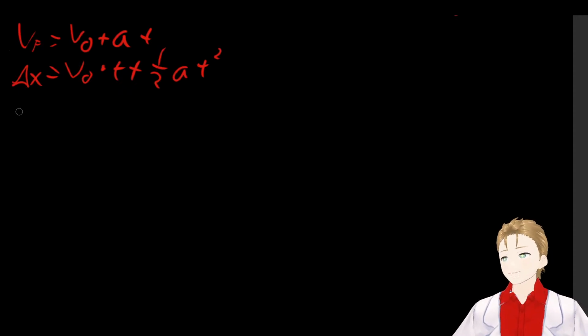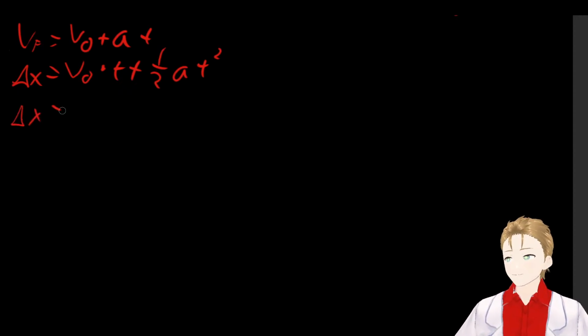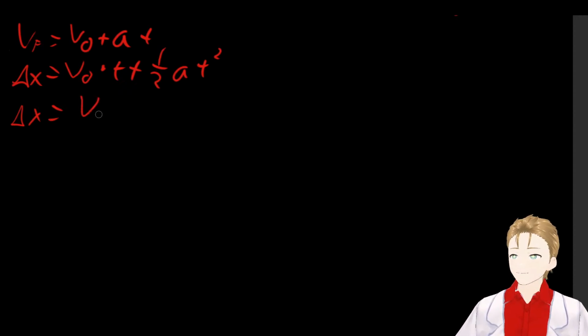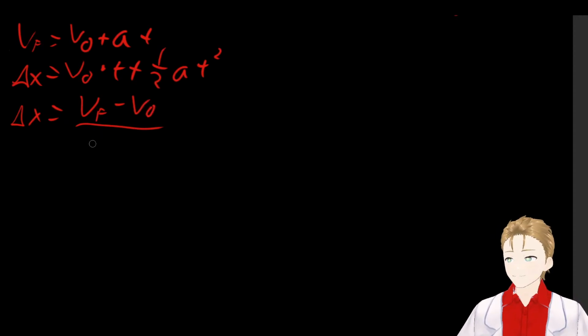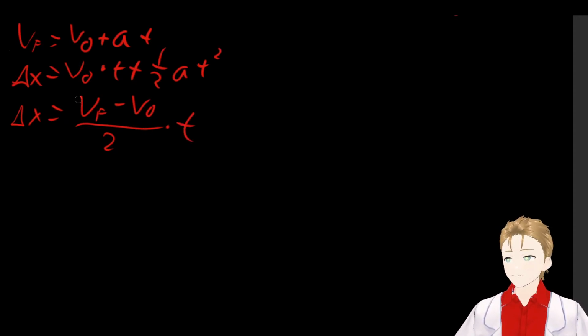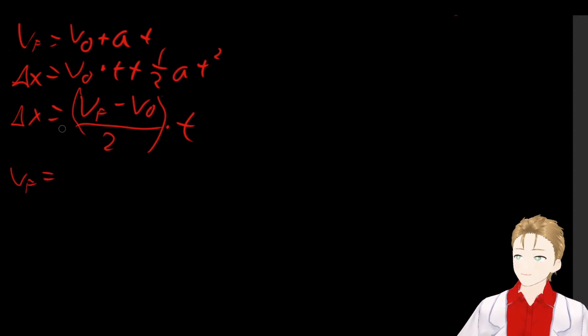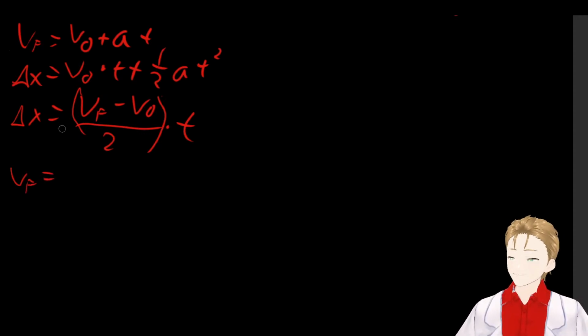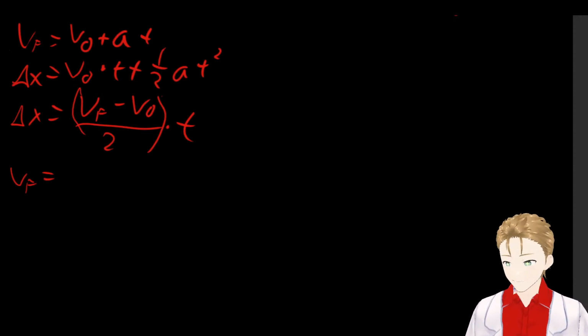Then we have delta x equals v final minus v initial, I think you use v0 there, times time. And then what's the last one? Wait, I actually can't remember.